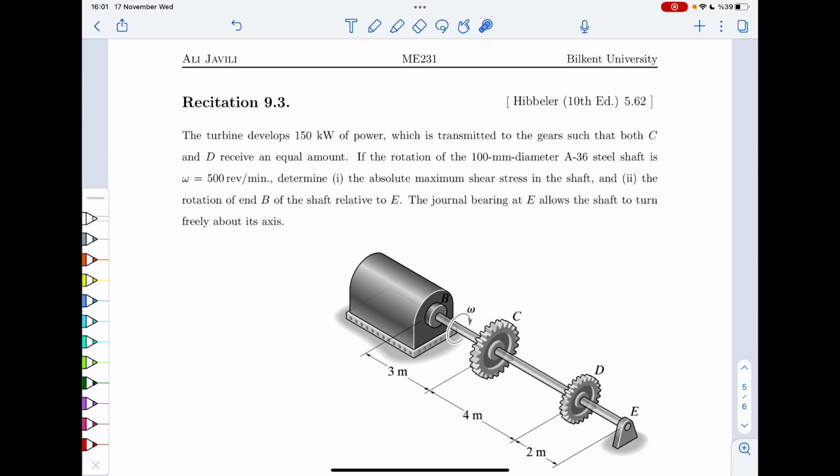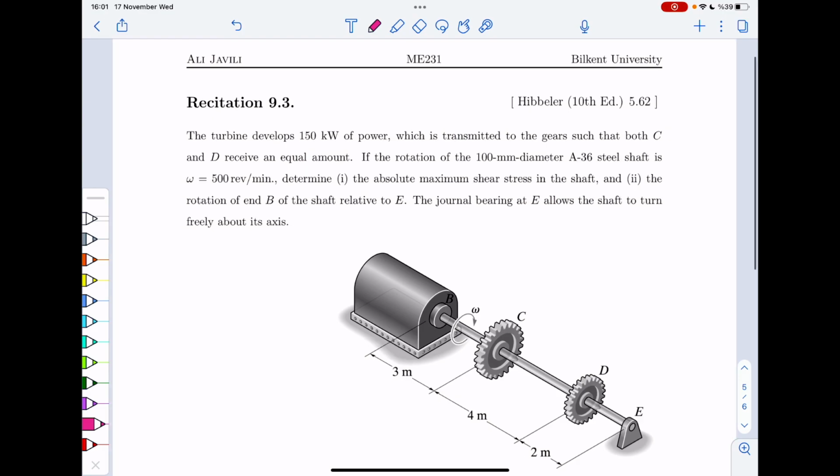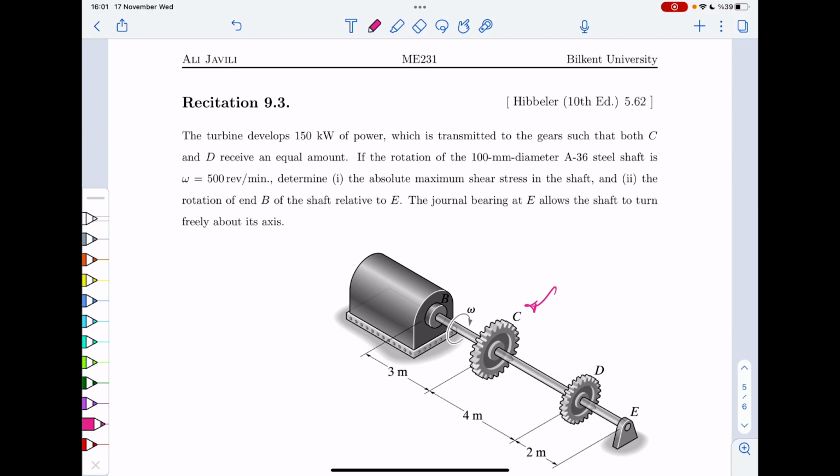Okay, so let's say they take 75 each. So this one has the power of 150 kilowatts. Then at C, you get 75 of it. And at D, you get 75 of it. Now, this is an assumption of the question, okay?